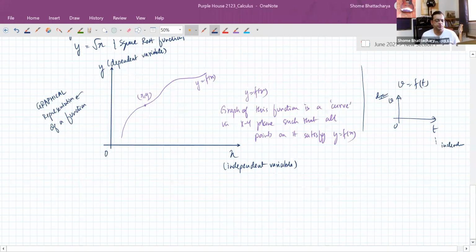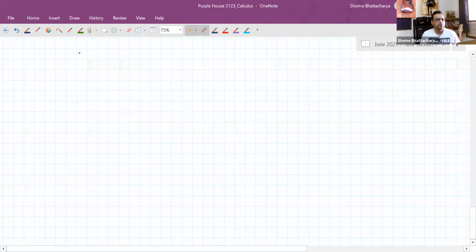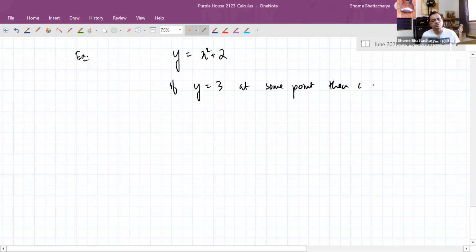Now, suppose, for example, I have this function y is equal to, let's say, x square plus 2. And I give you, if y is equal to, let's say, 3 at some point, then calculate x at the same point.